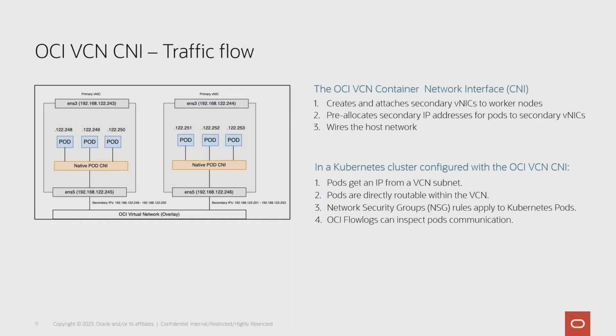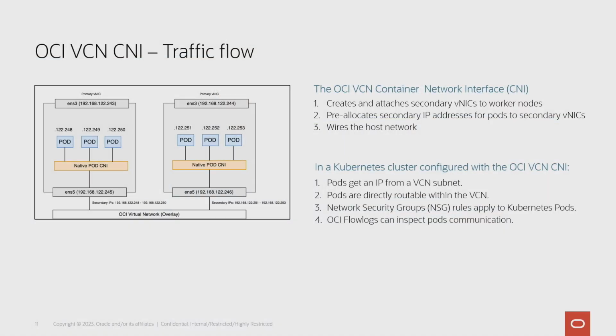Versus if .248 wants to talk to .251 sitting on a different worker node, of course the worker node would know that .251 is not local to the same worker node, and the native pod CNI would simply send the traffic out to the ENS5 interface, the secondary interface, which would send the traffic all the way to the VCN.